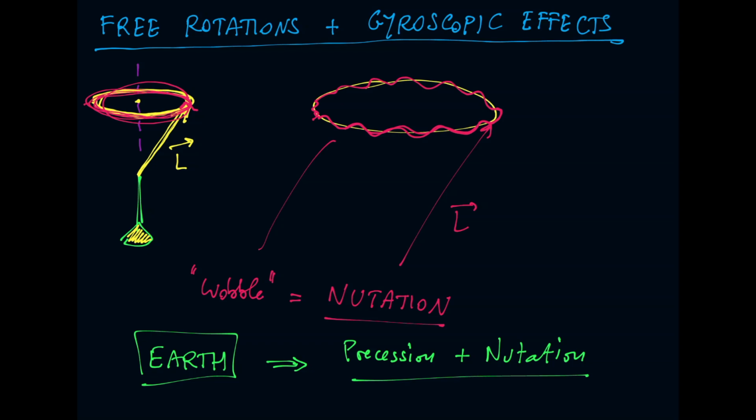Well, it turns out that the Earth is not a perfect sphere, and as a result, there is a small but non-zero torque, and we'll study this in the tutorials, that the sun and moon apply on the Earth, and this is precisely responsible for the precession of the rotation axis of the Earth. And then other effects like the other planets in the solar system are also responsible for the nutation. Really interesting stuff. Go and look it up and study more if you're interested.